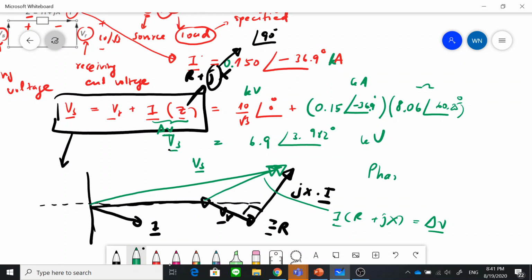By this course you should be able to draw this phasor diagram. So this is the example.